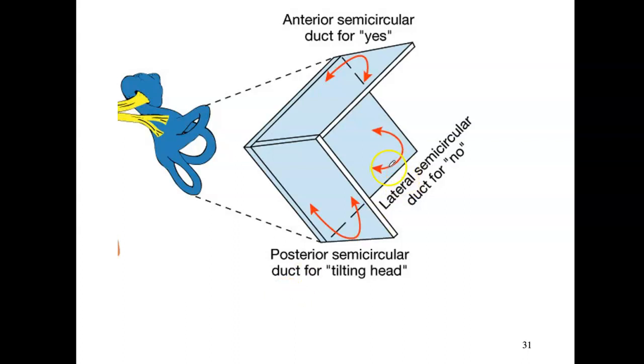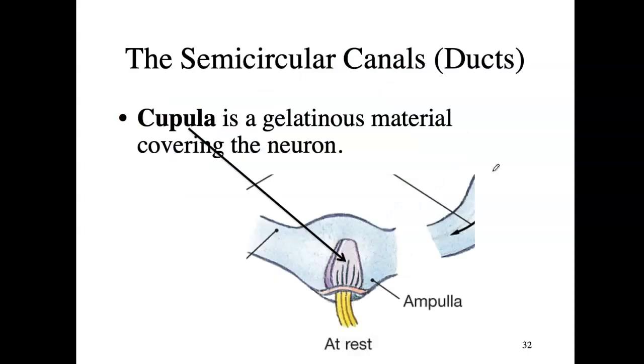Another is when you shake your head no, rotating your head around, and you want to know where your head is in space. And then there's another one for yes, which is up and down. So you want up and down, left and right, and tilt. And you want your ear to be able to tell you when you're doing any one of those 3.